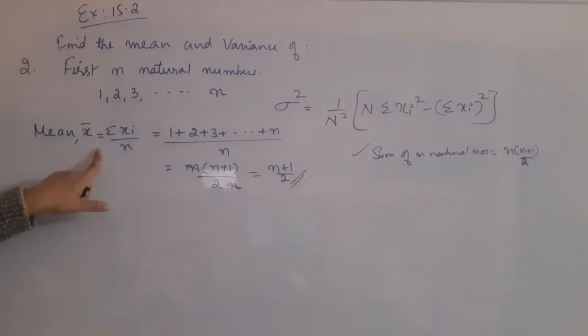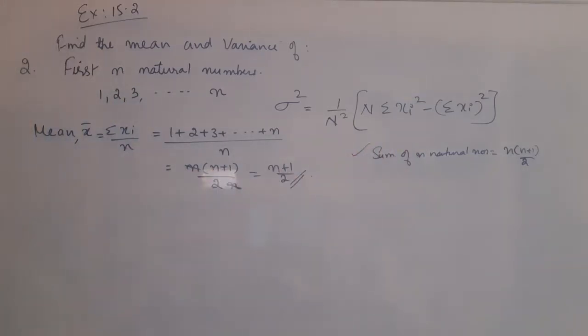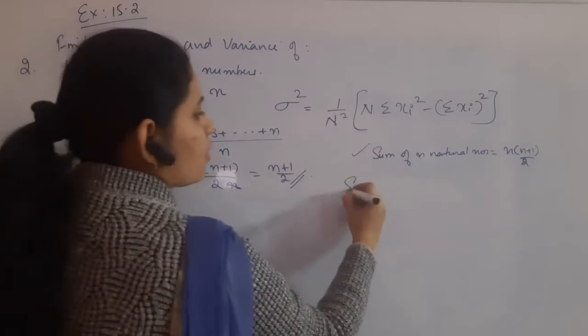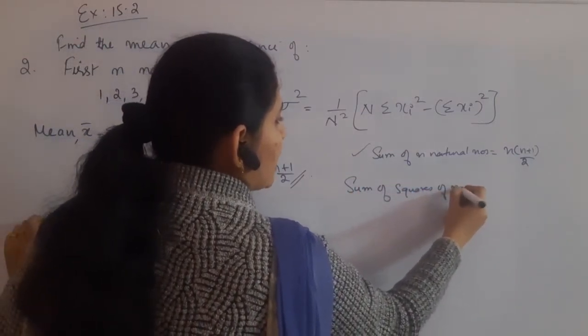So x bar or mean is n plus 1 by 2. Now what you need to find out is sigma square, and for that you have to get sigma xi square also, that is the sum of all the squares of n natural numbers. Now what is the sum of the squares of n natural numbers?